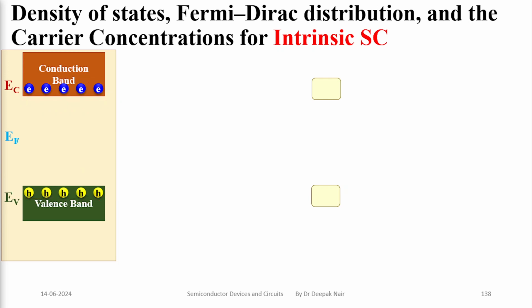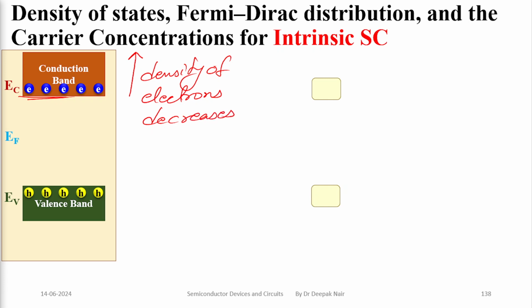The concentration of electrons will be very high near the EC, and as we move upward the density of electrons keeps on decreasing in the conduction band, and the same is true for holes, whose density decreases as we move away from the EV.